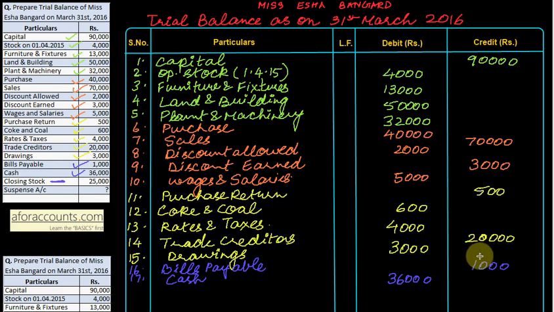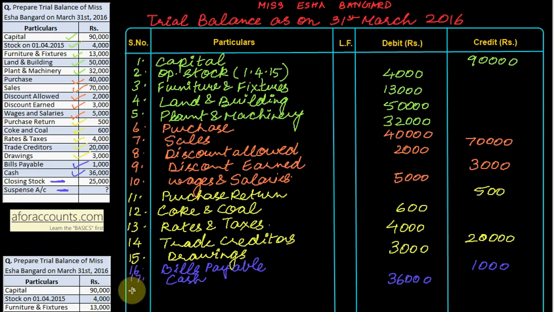You want to know the profit, so you will make your trading P&L and balance sheet and the difference you will put in suspense account. If credit side is higher, there will be a debit balance, and if debit side is higher, there will be a credit balance. So they have set suspense account question mark, means the sides debit and credit do not tally. So we'll have to find out which is the higher side and the balancing figure we will put in the lower side and that will go in your suspense account.